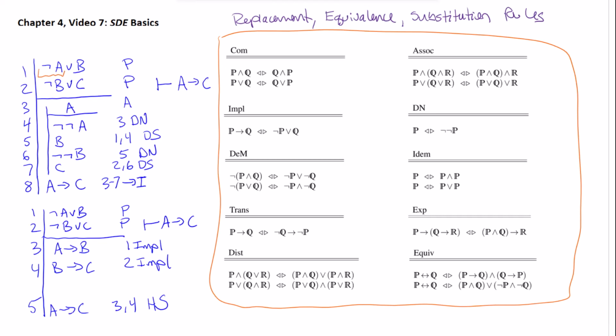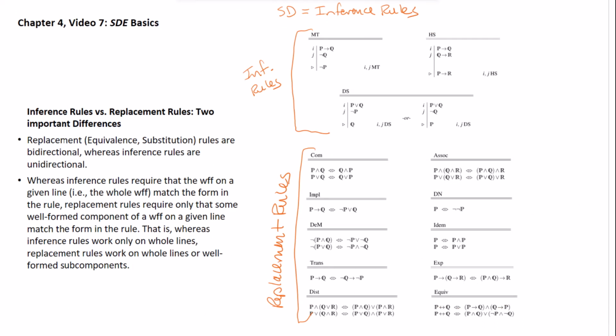One last point for this video. If you remember back, our original system of 11 basic rules, SD, was all inference rules. To create SDE, we added 3 more inference rules.